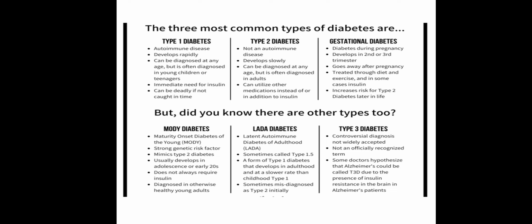Okay. Next one is neonatal diabetes. This is a rare form of diabetes that occurs within the first 6 months of life. It's a form of monogenic diabetes. About 50% of babies with neonatal diabetes have the lifelong form called permanent neonatal diabetes.